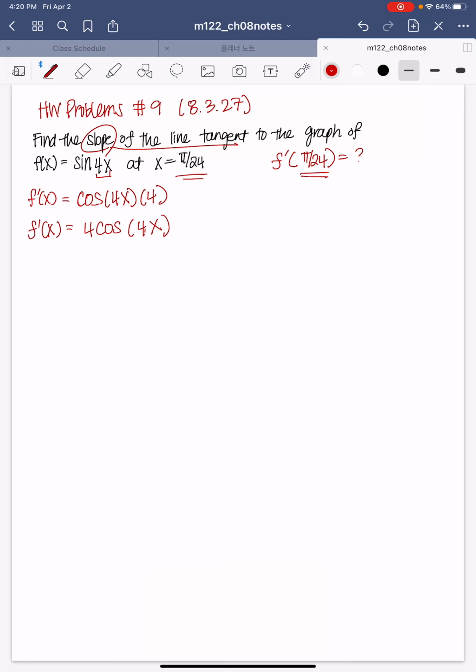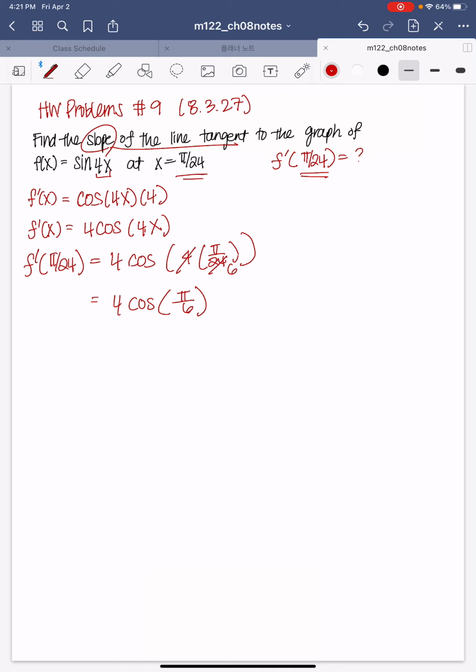Now I need to evaluate at pi over 24. So 4 cosine of 4 times pi over 24. Well, this part here can be reduced. 4 goes into 24 6 times, so cosine of pi over 6. Now, this is why we review in 8.1 and 8.2.